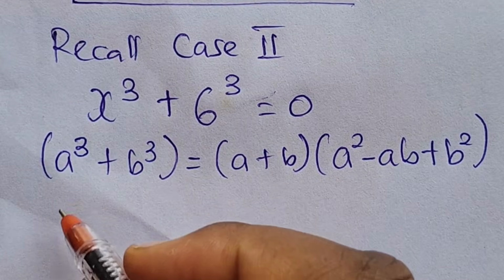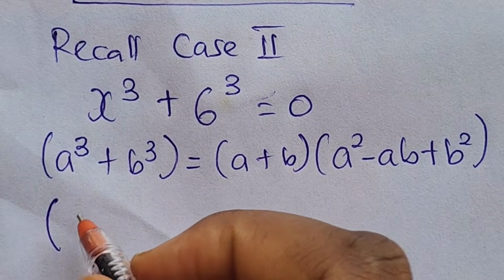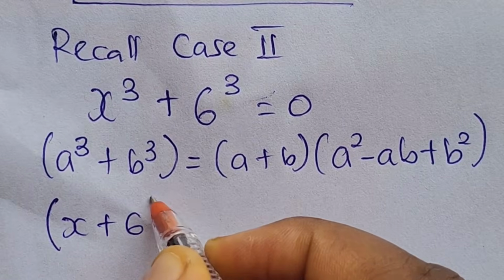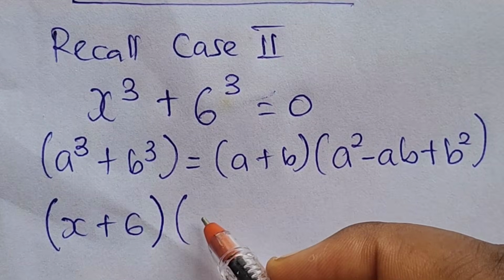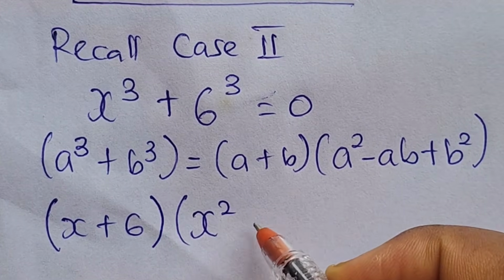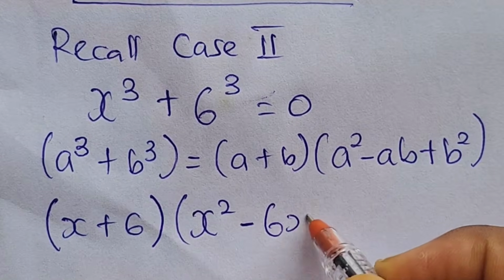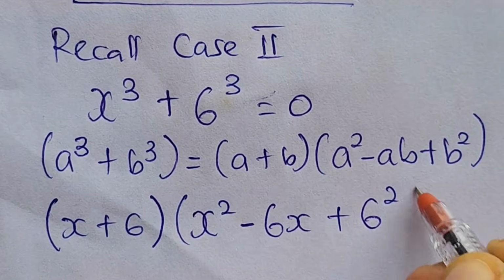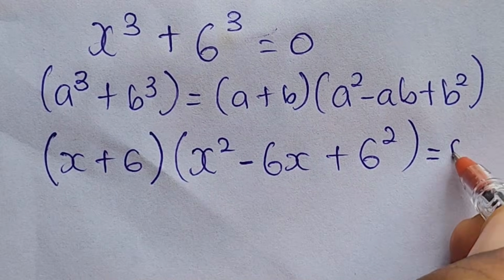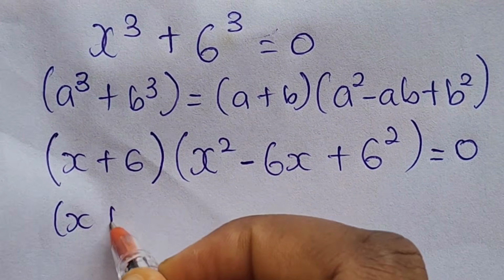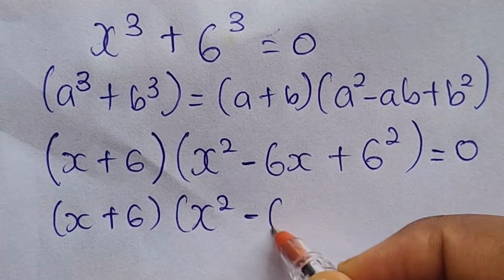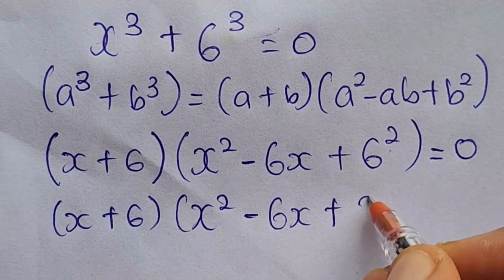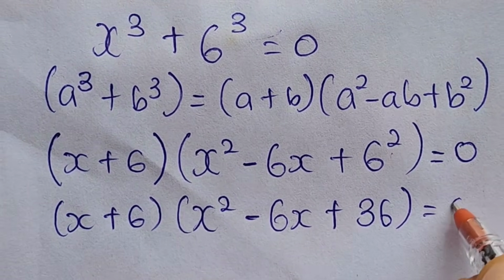So expanding this, we have (x plus 6) times (x squared minus 6x plus 6 squared) equal to 0. This will give us (x plus 6) times (x squared minus 6x plus 36) equal to 0.